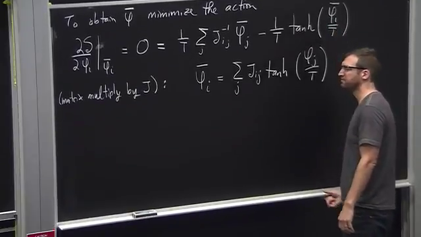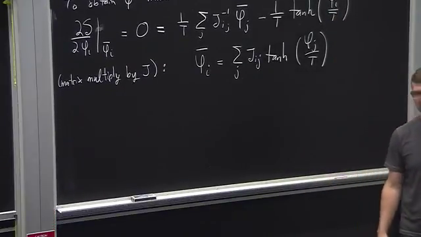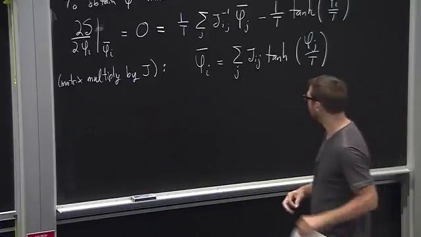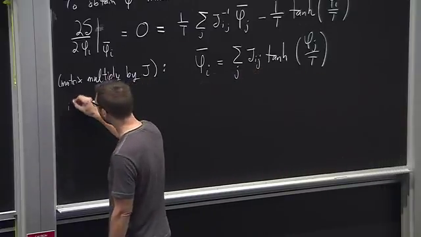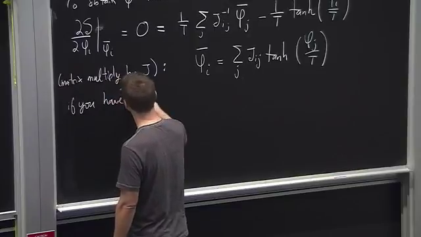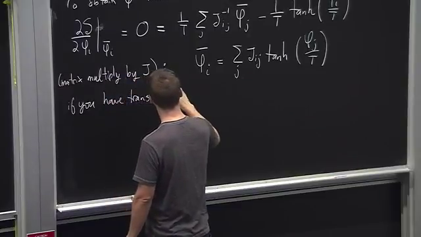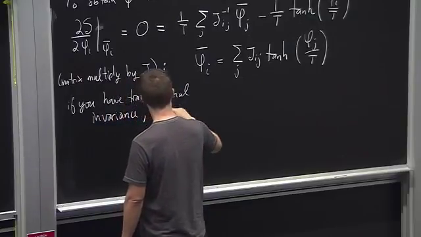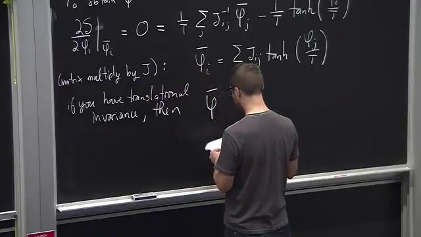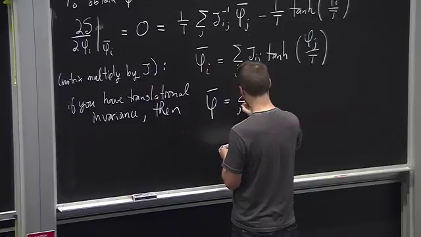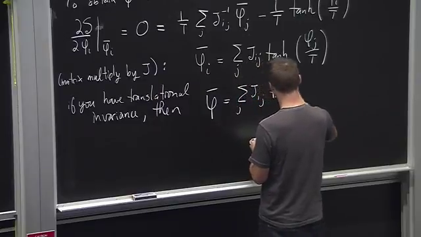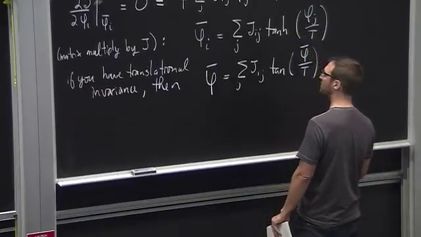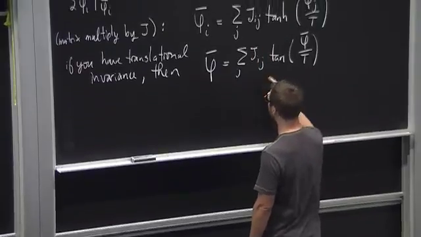If you have translational invariance, then things simplify. The site index shouldn't matter. Then you can just write this as phi i equal to phi. And then you can just define this thing as J.